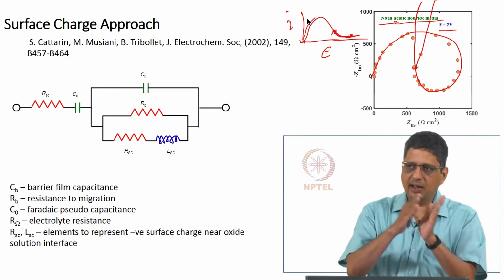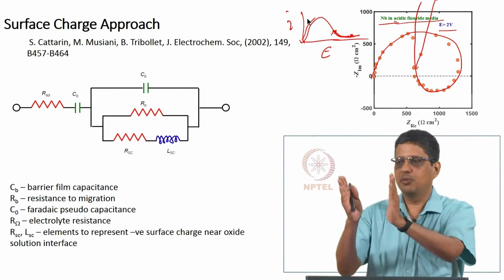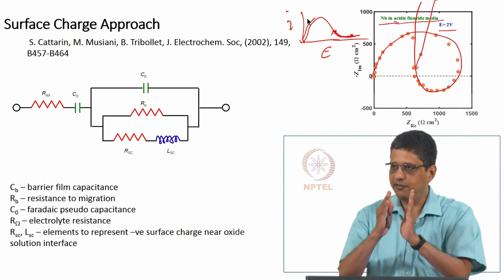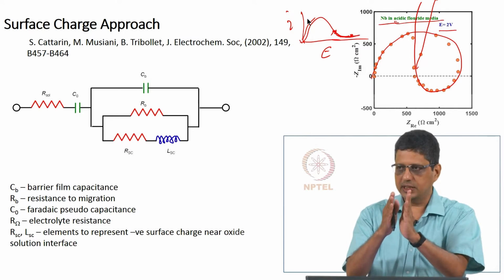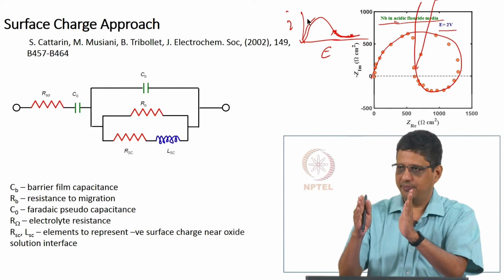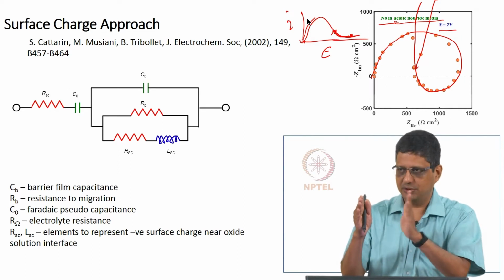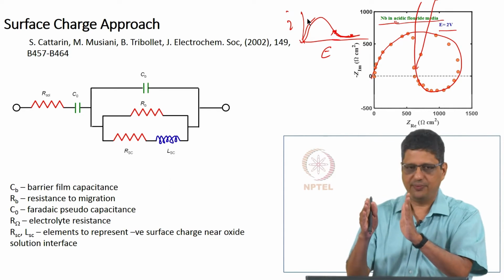Now, the metal oxide interface will have a lower potential. I apply this much potential, but a certain amount of potential is dropped in the film, because there is a significant amount of film present here. Now, the remaining potential is going to form this. Now, the dissolution rate will decrease, because the rate of formation of metal oxide is not that much.